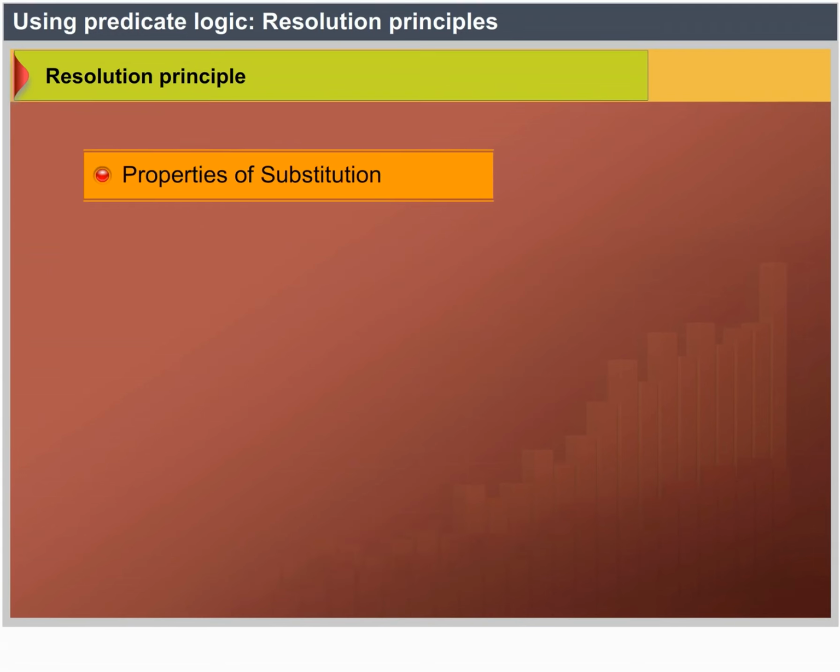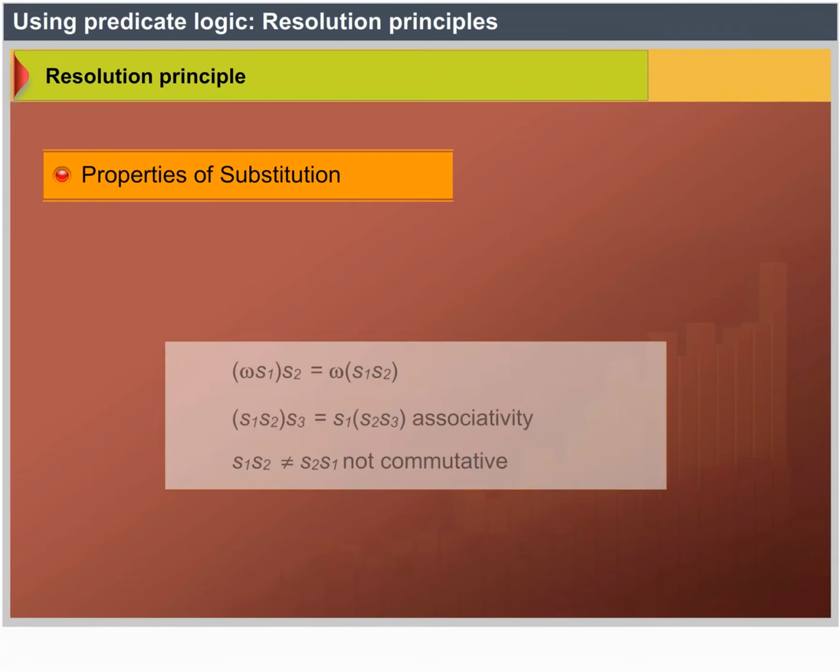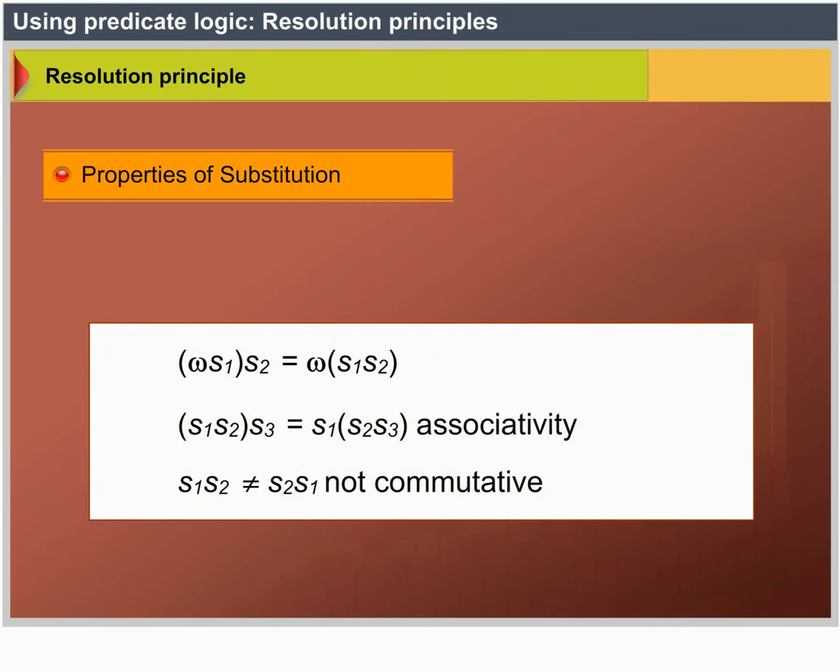Properties of substitution: omega (S1 S2) = (omega S1) S2. (S1 S2) S3 = S1 (S2 S3). S1 S2 is not equal to S2 S1, so composition is not commutative.